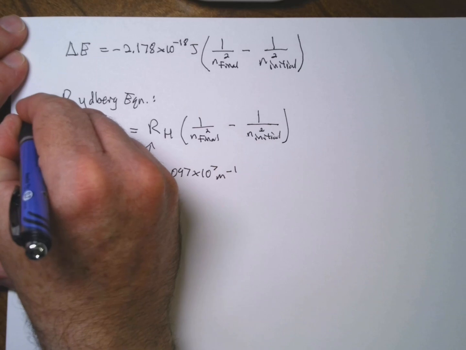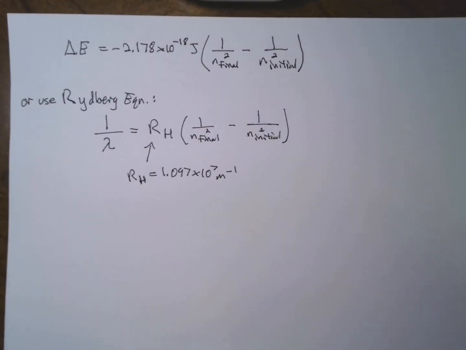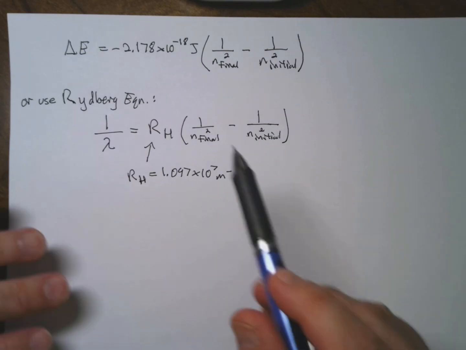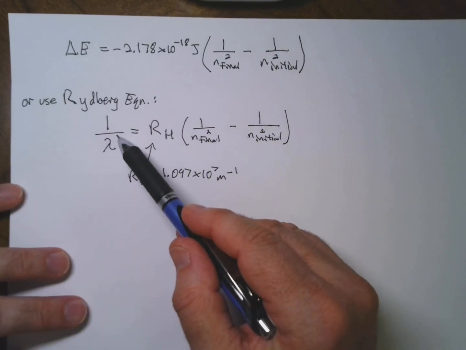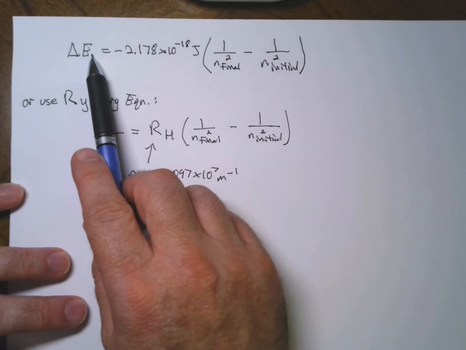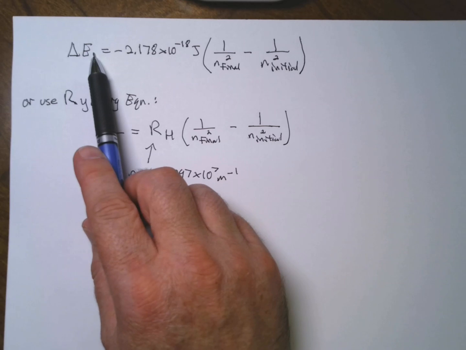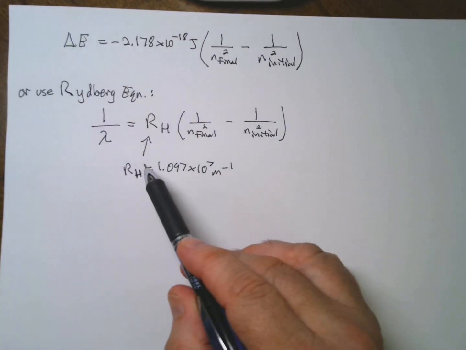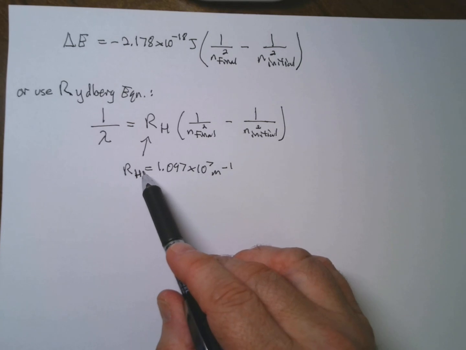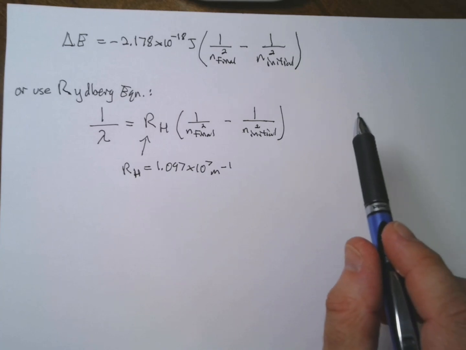So I'll just say here, or use the Rydberg equation. The Rydberg equation is helpful in that you can get 1 over wavelength and just take the reciprocal of that to get your wavelength, instead of calculating energy and then doing lambda equals hc over delta E, doing that additional calculation. The h and the c are incorporated into the Rydberg constant there.